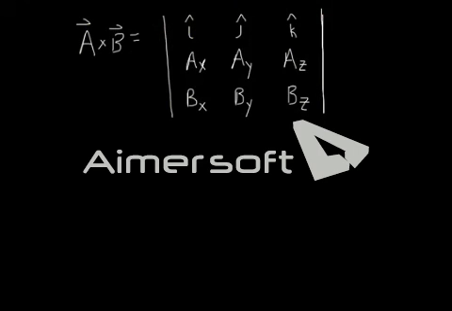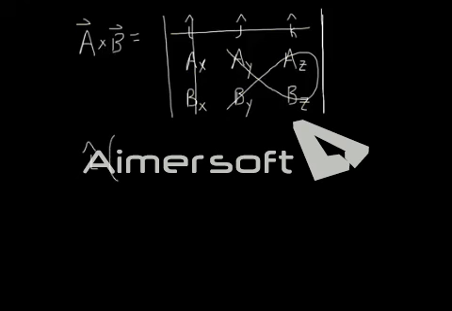To find that, I write down my nice little I hat. And when I do that, I can cross out anything that's happening in the I hat column or row. Then I draw a little fish: AY, BZ, AZ, BY. And that tells me how I'm going to multiply my variables together. I start with my AY. That's the beginning of my fish.